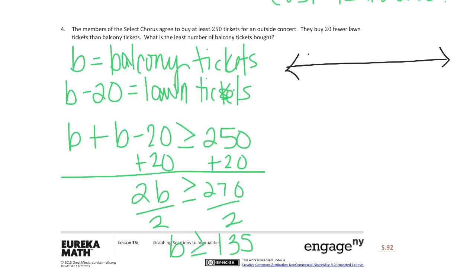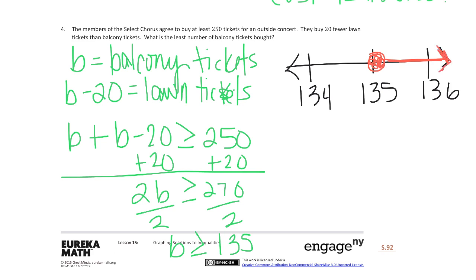So 134, 135, 136. Put my circle at 135. There's an equal bar, so I'm going to fill it in, and it is greater than, so I am shading to the right. Okay?